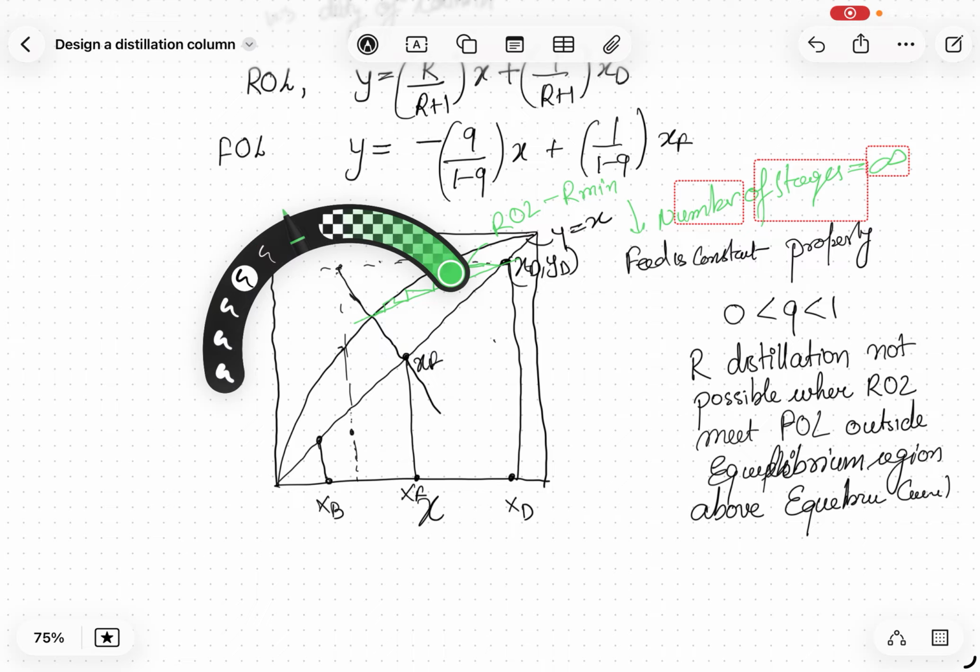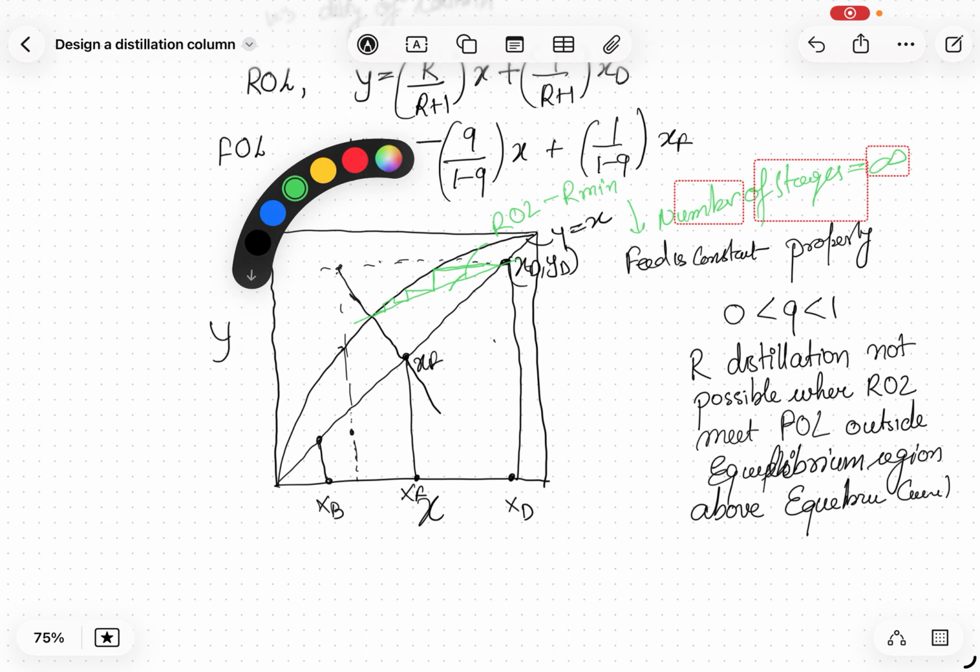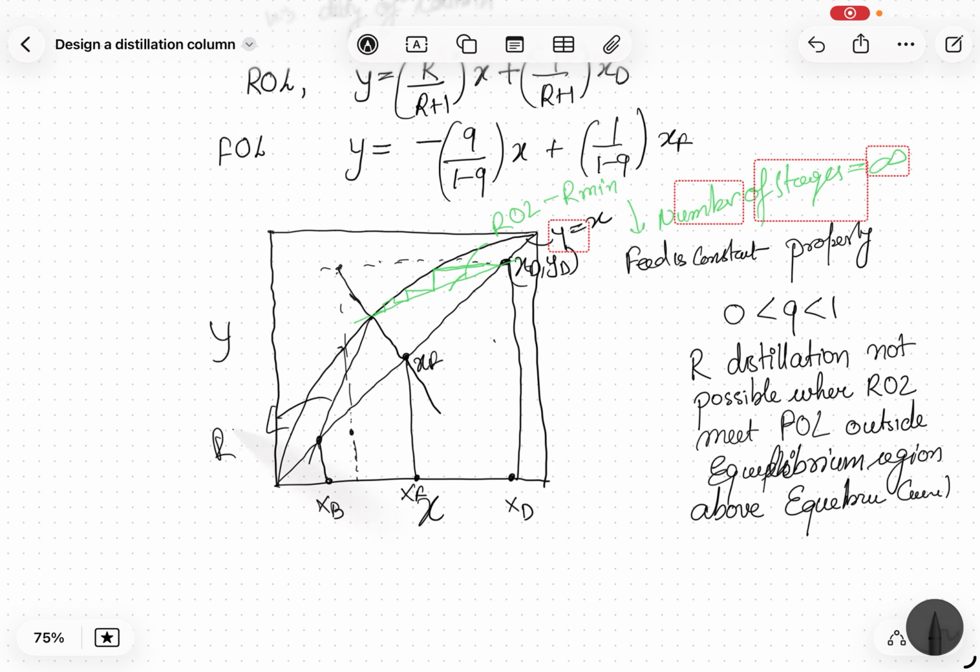First you can derive it the way we have derived it, or otherwise from the intersection point of these two, you just join the XB, that is your SOL, the stripping section operating line. I hope you are clear with the concept of R minimum.